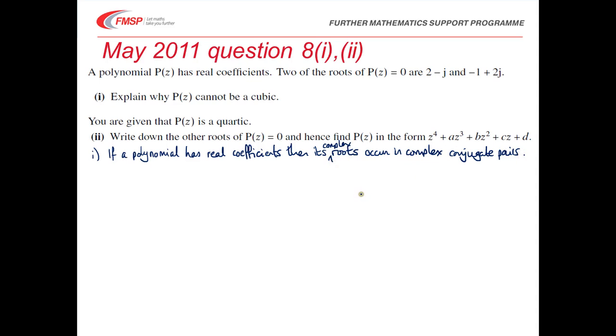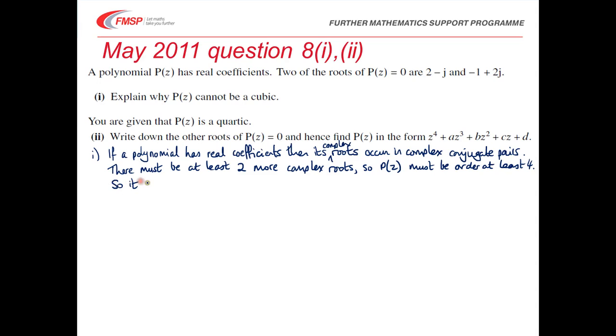As we've already got two complex roots, there must be at least two more complex roots. So p of z must be order at least 4. So it is not cubic.